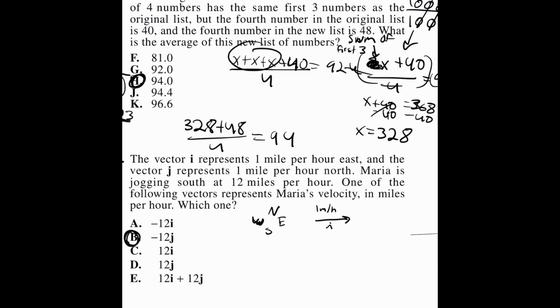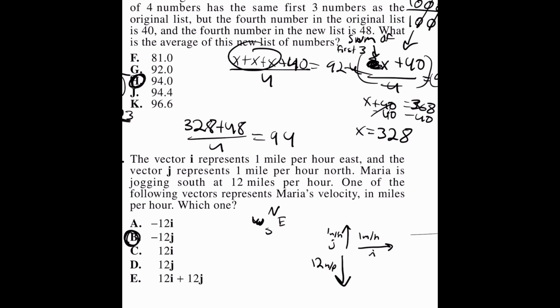This is I. Vector J is going north, and I'm going to move this over here so we get more writing space. It's going north for 1 mile per hour. This is J. Maria is going south for 12 miles per hour.